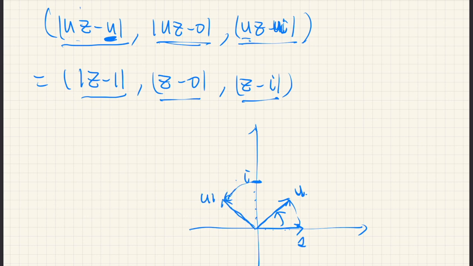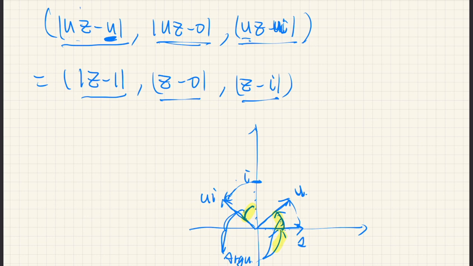So ui will be somewhere here, and this angle corresponds to the argument of u. So this angle and this angle are both the argument of u. So both are rotated by the same angle.